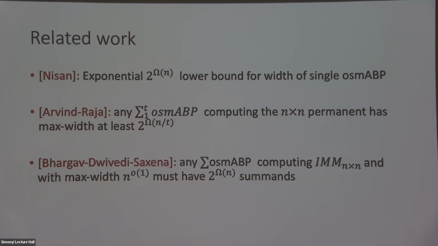The 2 to the n upper bound for the permanent is not for ABPs, it's for circuits. Ryser's formula. It doesn't contradict this, right? It's not factorial. You can get a 2 to the n upper bound for the permanent with branching programs also, I think. Right, Ryser's formula gives you a 2 to the n upper bound. Yeah, it's an ABP.